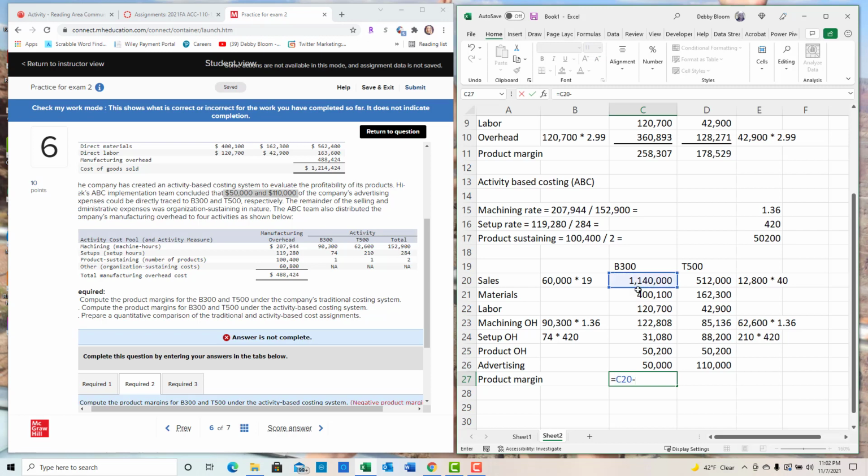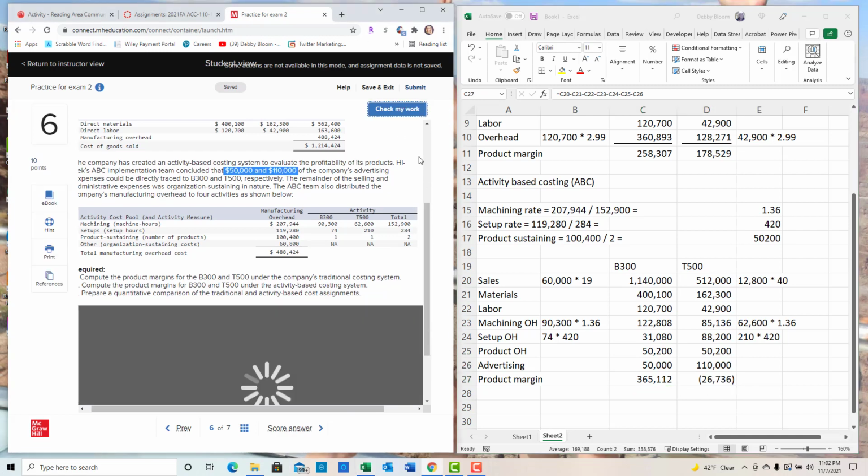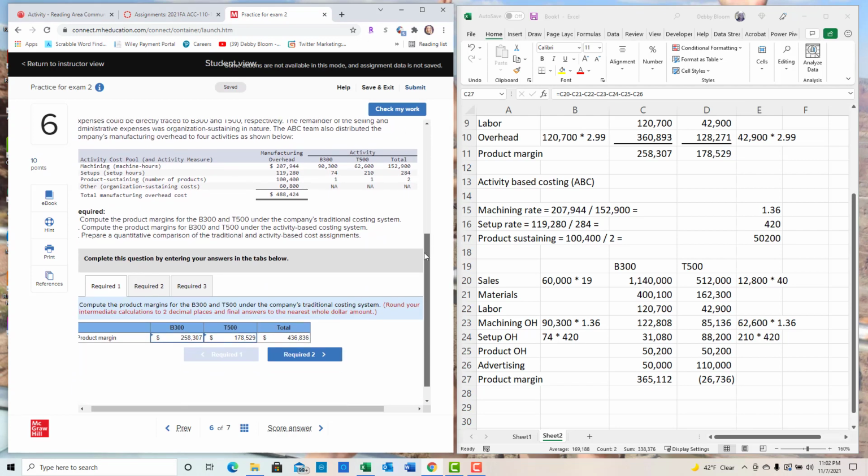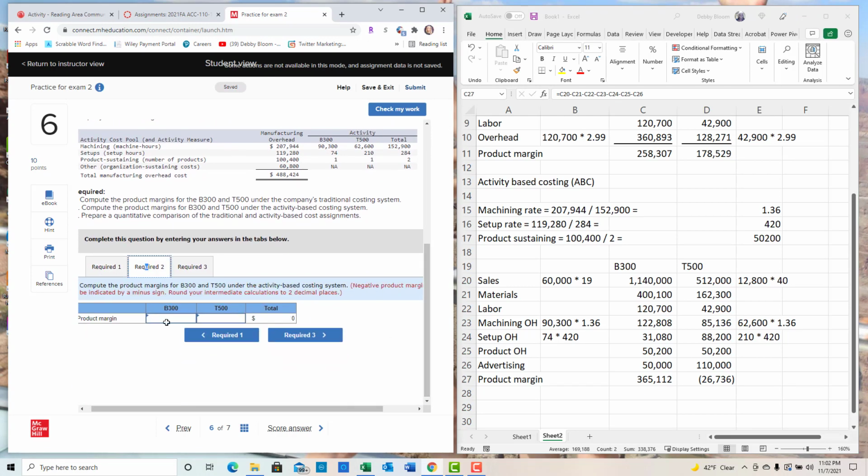So sales minus the materials, minus the labor, minus the machining overhead, minus the setup overhead, minus the product sustaining overhead, and minus the advertising. So 365,112, and a 26,736 loss. So to put that into the question, going into requirement number 2, B300, 365,112 positive margin, and then negative 26,736.